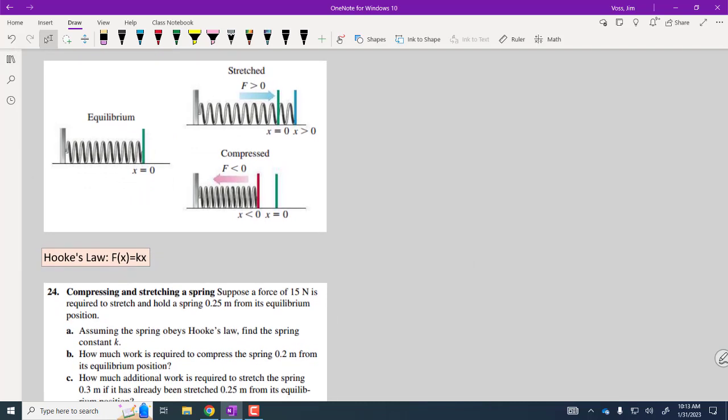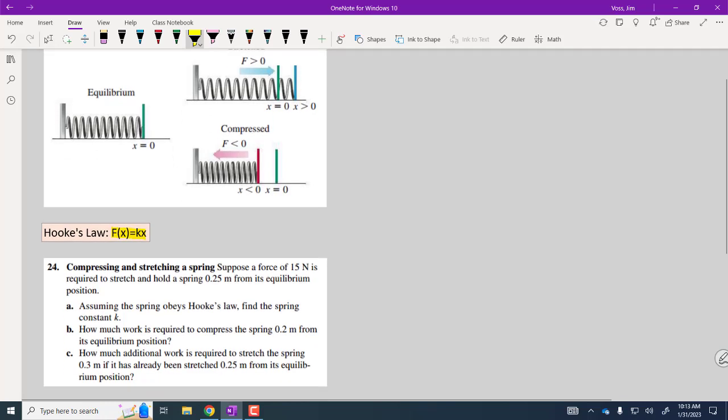problems with work and force are the springs. And the reason they are the simplest is that the force to compress or stretch a spring is a linear function. So the force is just some spring constant times the displacement, kx. So the k, the spring constant, every spring has its own spring constant depending on how stiff it is.